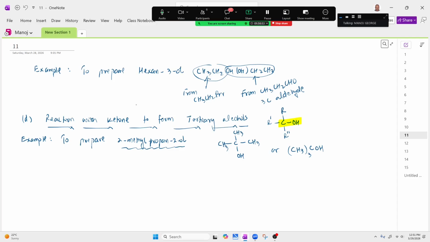Yes, C should be the start. Absolutely correct. But once I have the Grignard reagent, I need a ketone. So can you tell me which ketone do I need and which bromoalkane do I need? Anyone wants to suggest? Because it's a 4-carbon situation total, correct? The smallest ketone is 3 carbon. Yes or no?